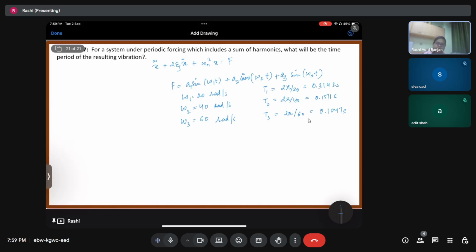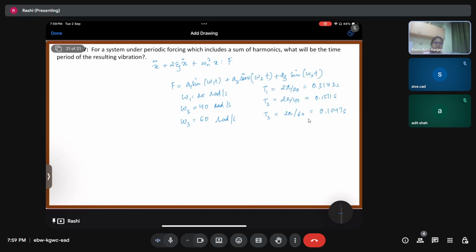Now, since we know that the ratios of omega 1, omega 2, and omega 3 are integers, what I mean is, if omega 1 is 20 and omega 2 is 40, and omega 1 completes one rotation in time T1, then omega 2 completes that in time T1 by 2.